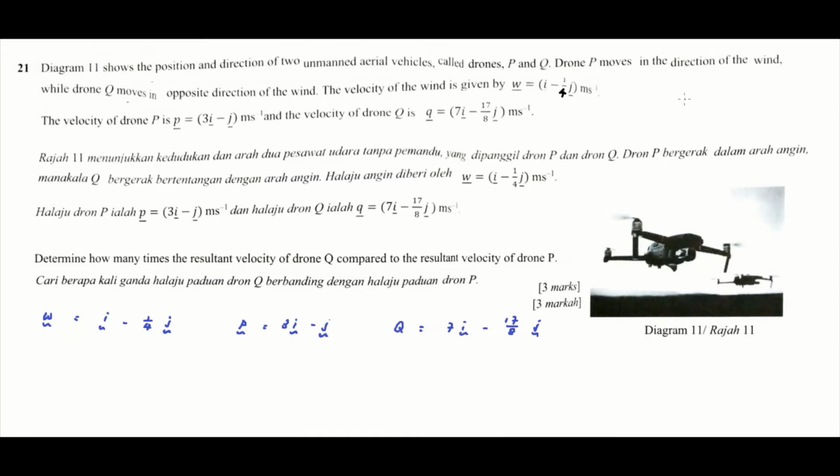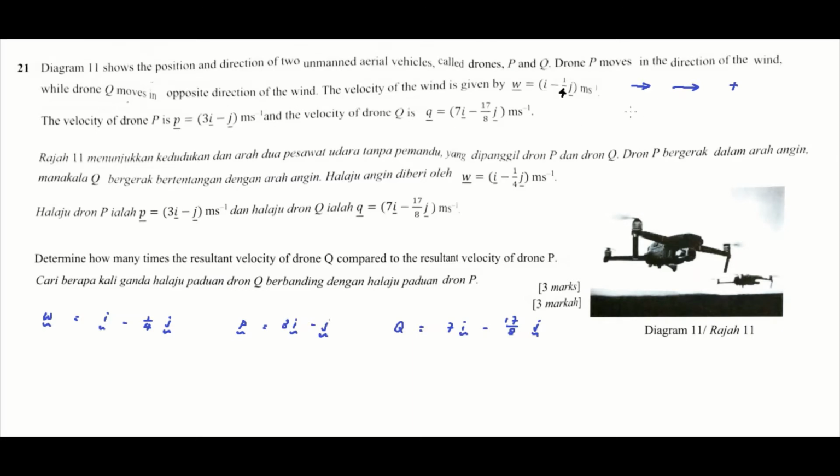The idea is something like this. Let me try to explain it in an easy way. When we say that P moves in the direction of the wind, say this is the direction that the wind blows, the drone moves in the same direction as the wind. So the resultant velocity will be both of them added together. Q moves in the opposite direction of the wind.